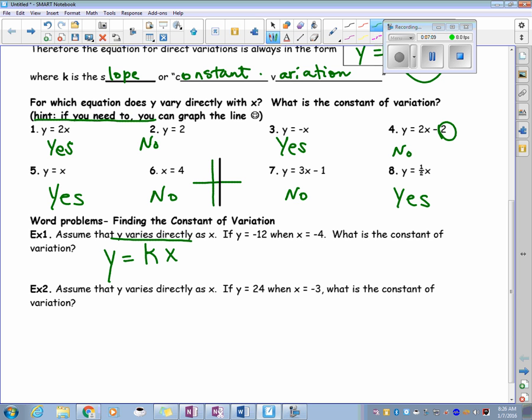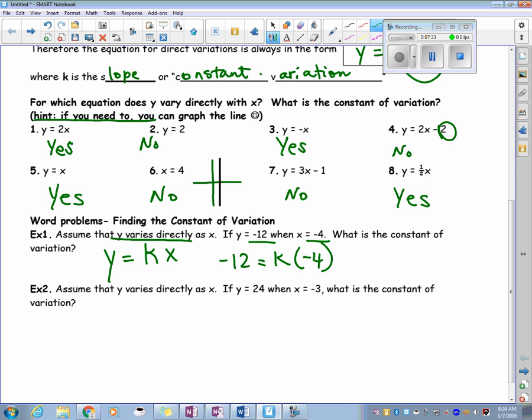All I'm going to do is plug these two values in, y is -12 and x is -4, and I can find k. What is the constant of variation? It's asking you for the slope.